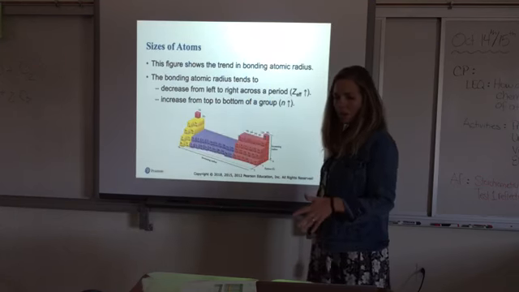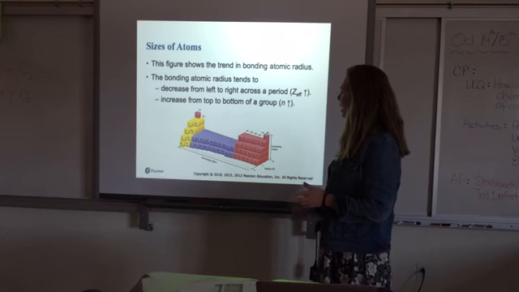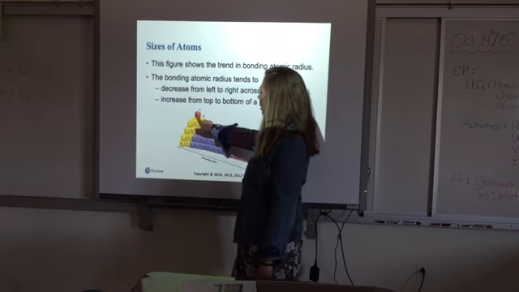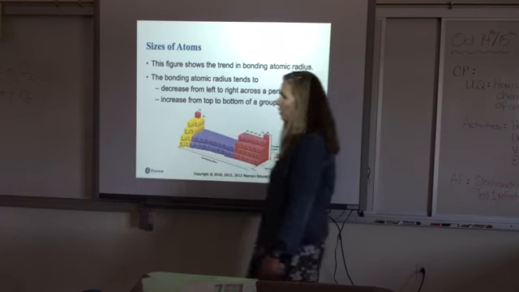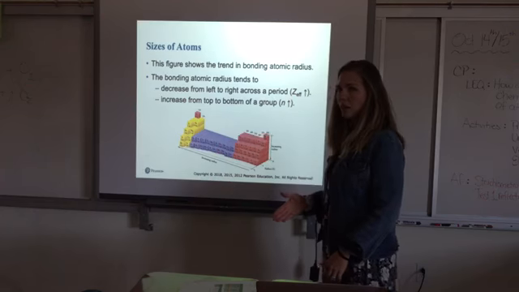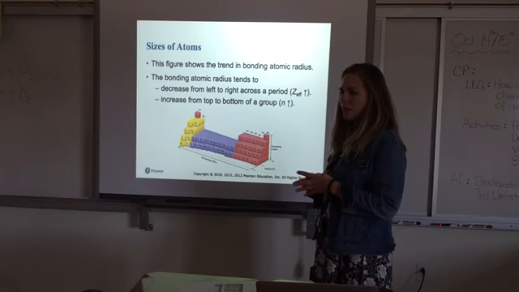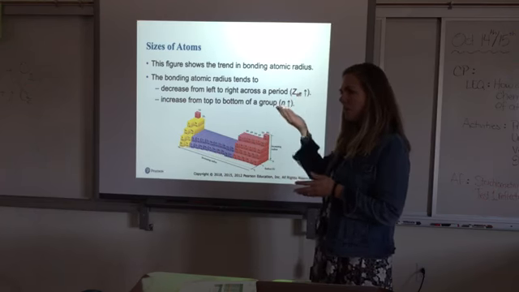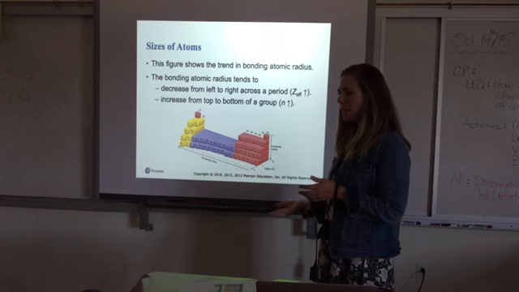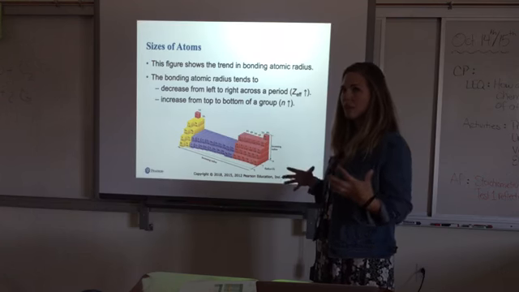As we said, atomic radius increases going down a column. This should make sense, because with each successive element in a group, you are adding energy levels.